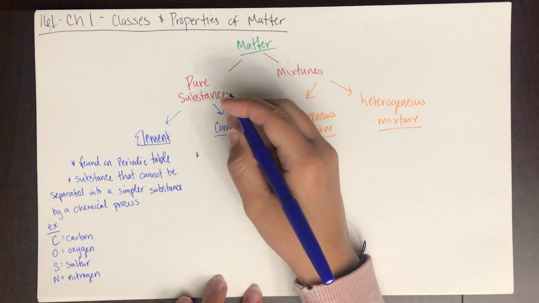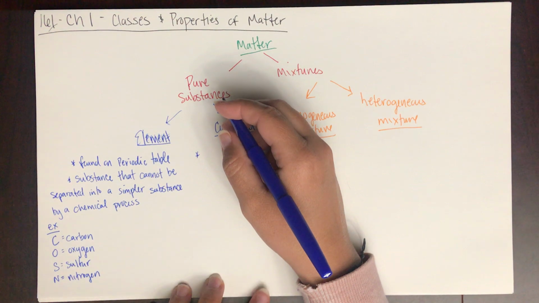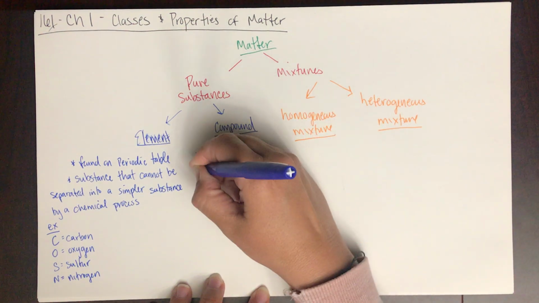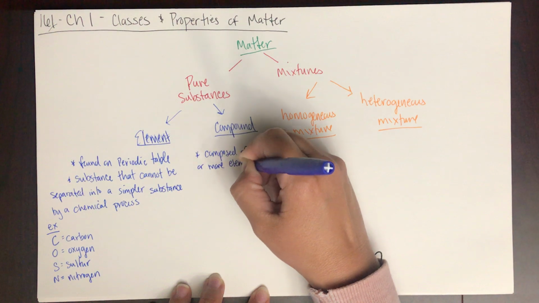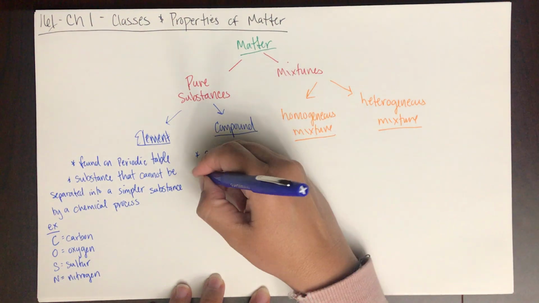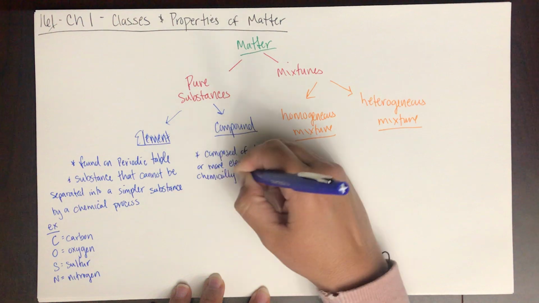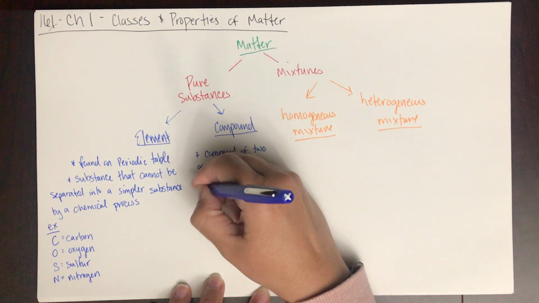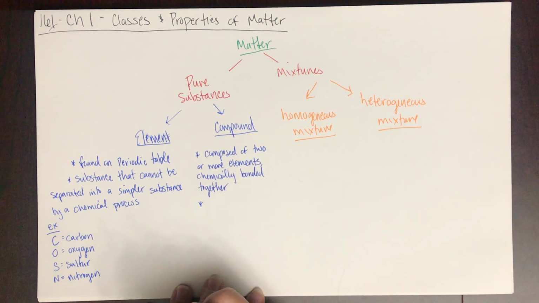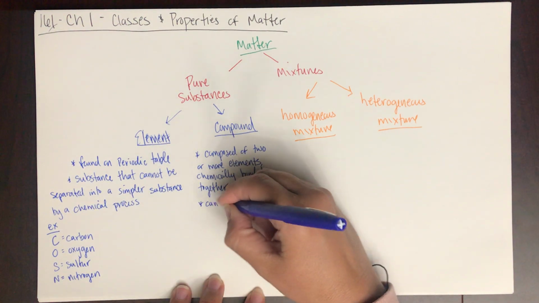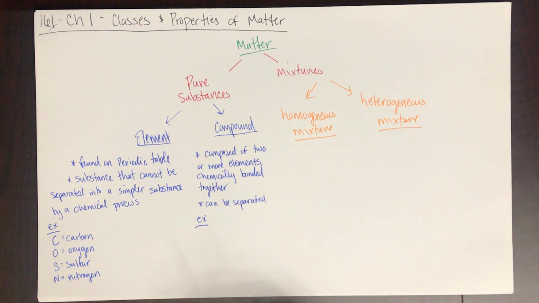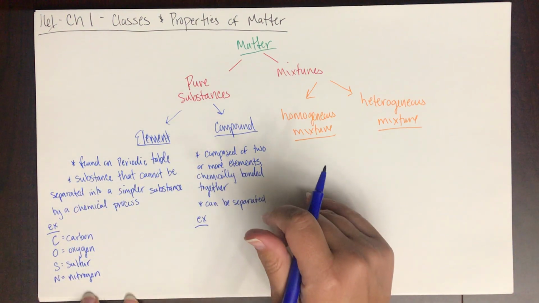So some examples of a compound, let me put some more examples of elements over here so we can use them in our compound.